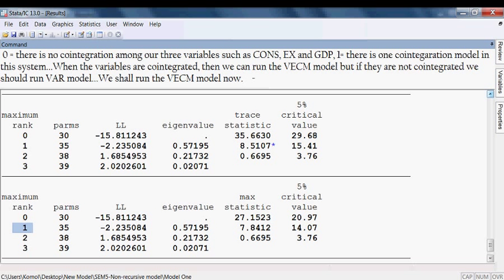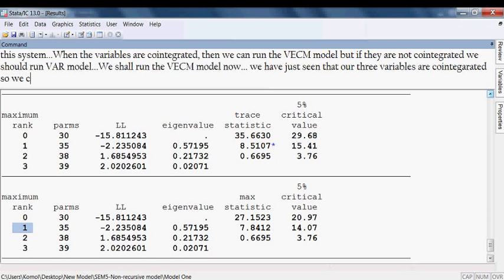Okay, and we have just seen that our three variables are co-integrated, so we can run the VECM model now, right?